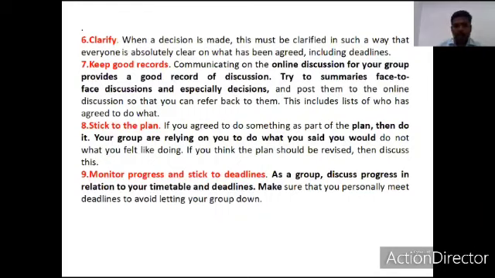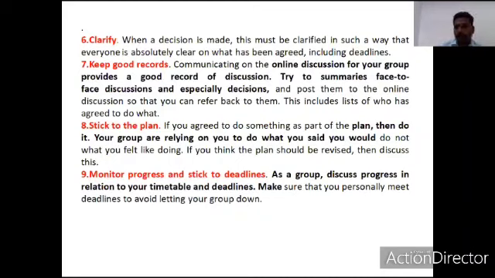It means once the things are deliberated and decided for the group activity, you should stick to the plan, and you should not deviate, or do something extra or a little less than per the group discussions. And the ninth step is monitoring the progress and sticking to the deadlines.